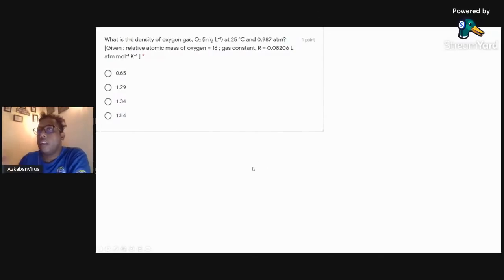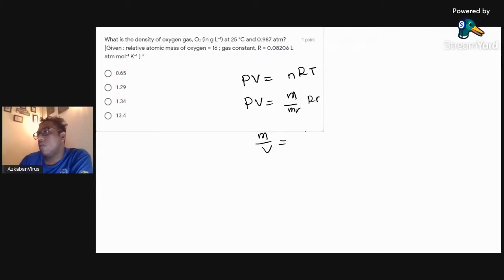Okay, next question. What is the density of oxygen gas at 25 degrees Celsius in 0.987 atm? Okay. So for this type of question, you kena ingat formula PV equal to nRT. So PV is equal to mass over molar mass RT. So mass over volume is equal to PM over RT. Okay. And then density is equal to pressure kita adalah 0.987 atm.